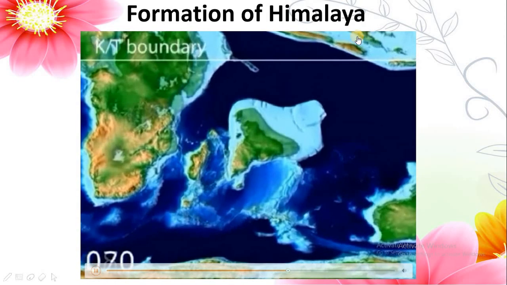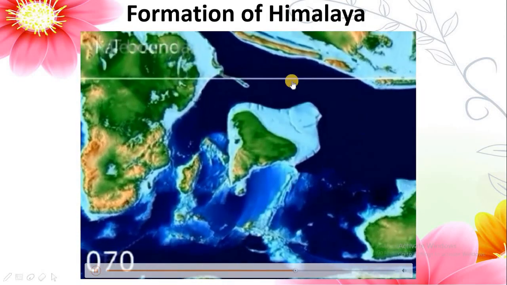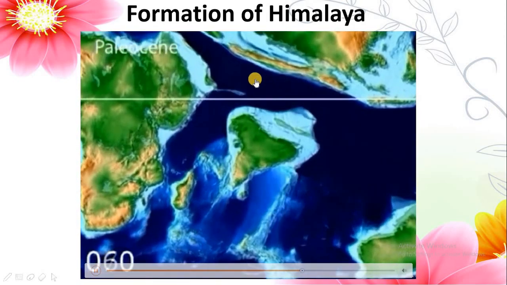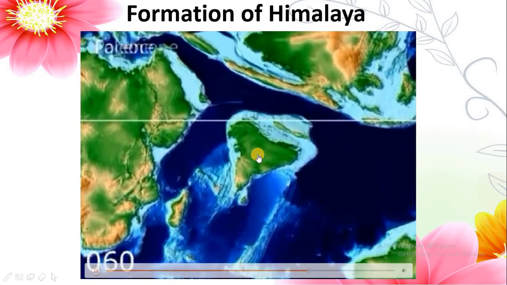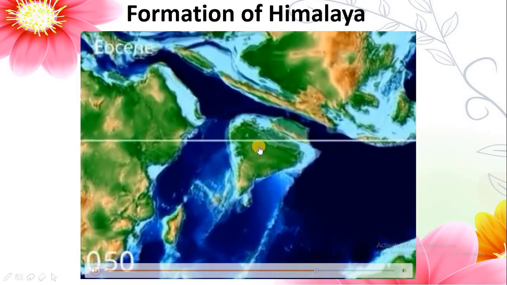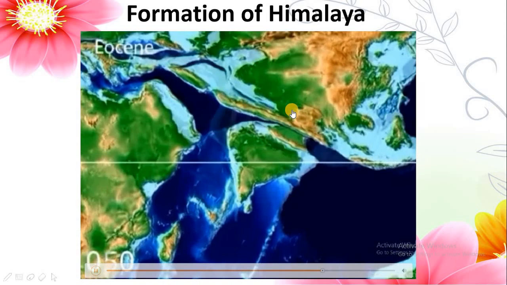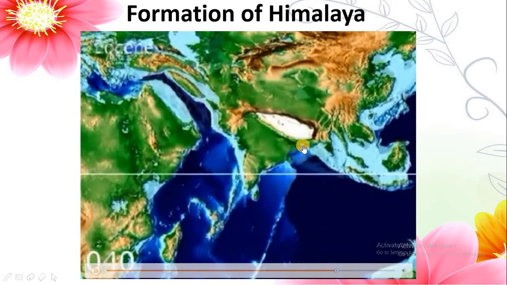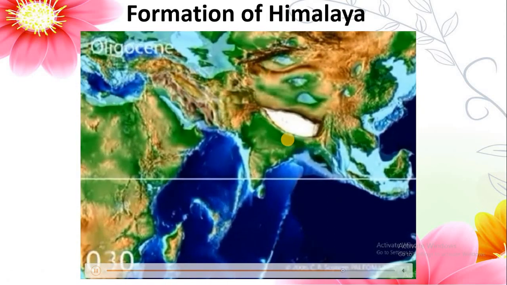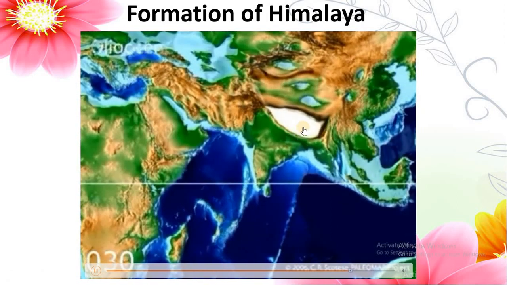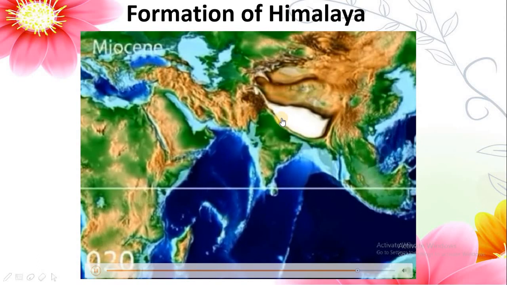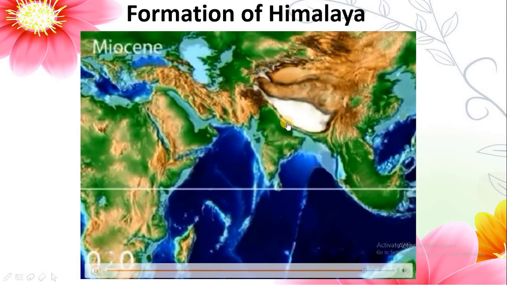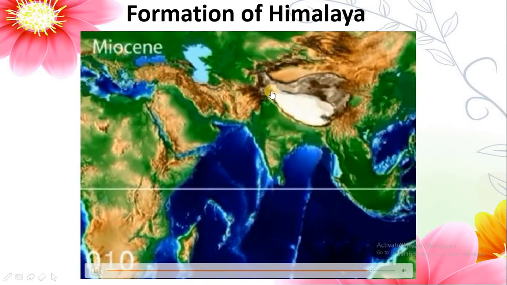Here you can see this one is the Eurasian plate. Here is the Tethys Sea, and this is the peninsular part. This peninsular part is going to merge with the larger Eurasian plate, and here you can see the rocks crumbling, colliding, and a mountain range is forming.